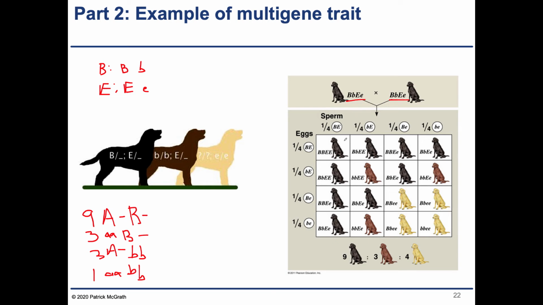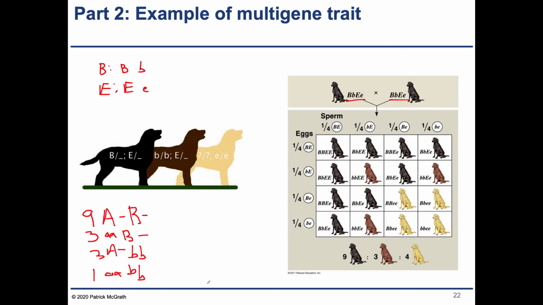So Labrador retrievers, if we do this intercross, one of the things that we find is that there's only 3 phenotypes, 3 traits that we see. So instead of there being 4 expected traits, there's only 3. There's a black lab, there's a chocolate lab, and there's a yellow lab. And the ratio is 9:3:4 instead of 9:3:3:1.